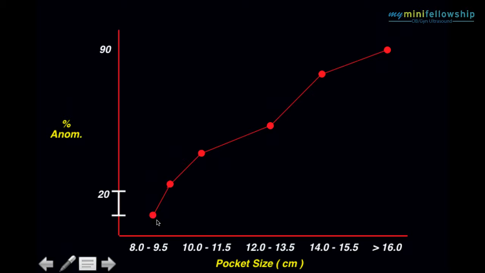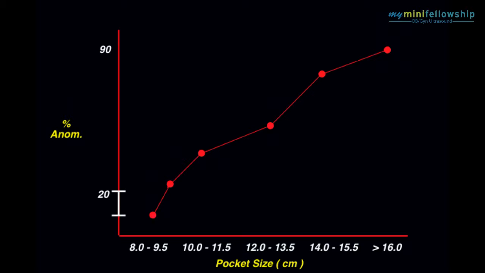So again, the lesson to take away here is that anomalies are typically associated with greater degrees of polyhydramnios. If you have a case around an 8.2 centimeter deepest vertical pocket or an AFI of 24.5, the chances that the case actually has an anomaly are pretty slim.